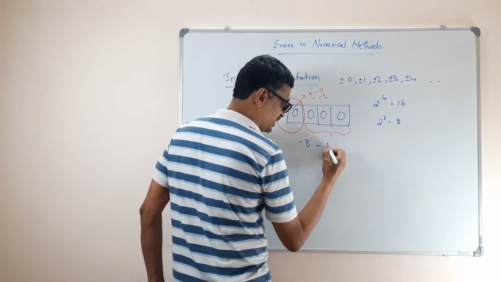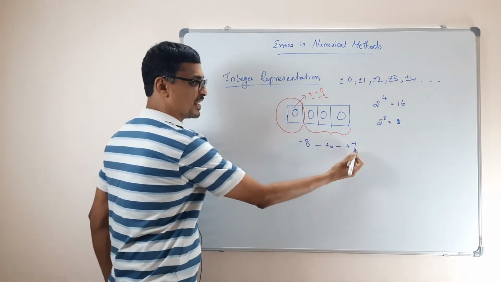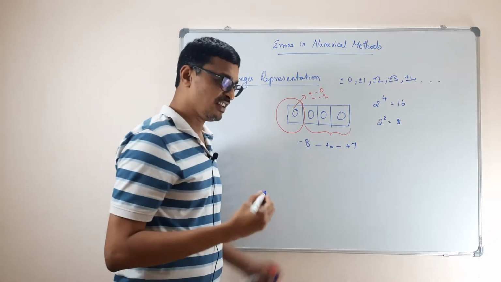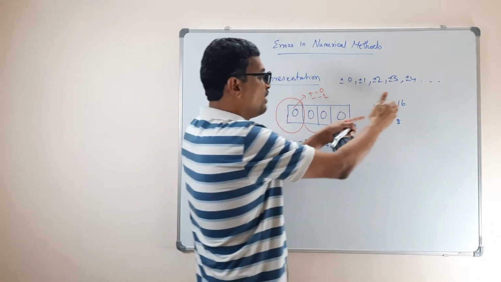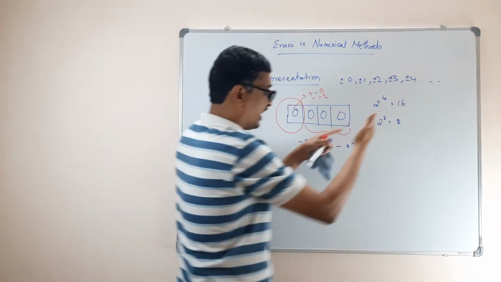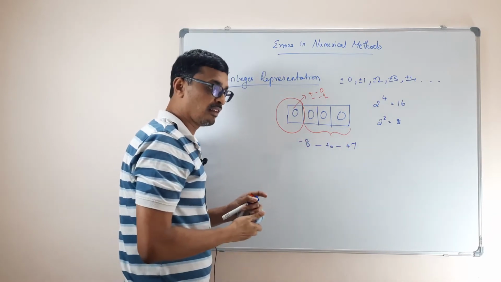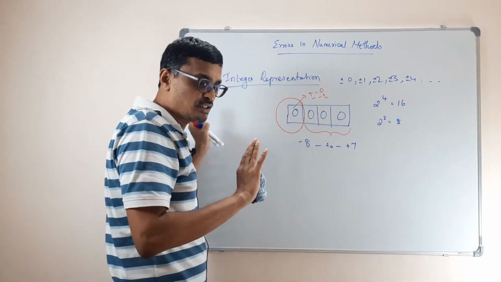Correct. Minus 8 to plus 7. Plus 7 is the maximum number I can store and minus 8 is the smallest number I can store. So now if I keep on adding more and more bits, I can keep extending my number ranges. Correct? So I can represent my number exactly. There is no problem at all.